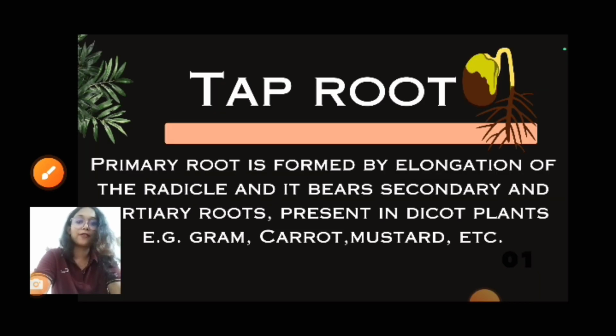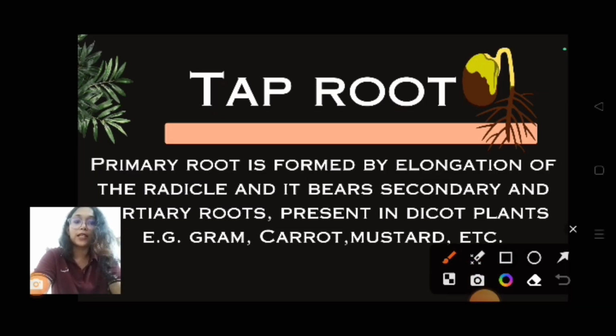Let's again see the definition of it. It is saying it has a primary root. The main root is the primary root. Here also one figure is there. The primary root is formed by elongation of the radicle. Here the radicle portion is there, from where the radicle will elongate to form the primary root, and it bears the secondary roots.